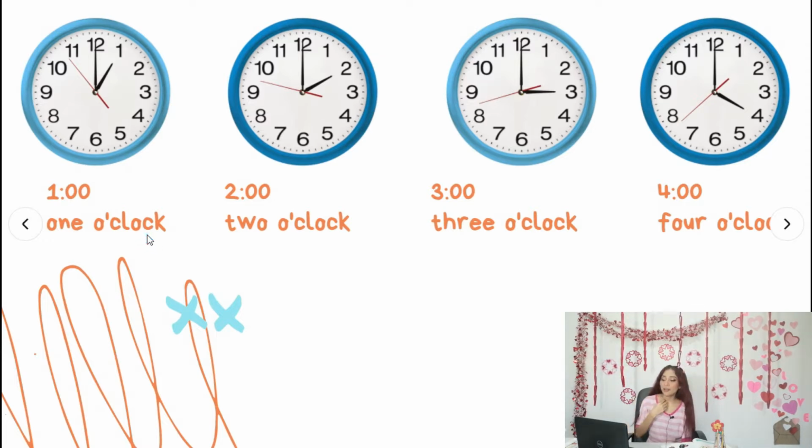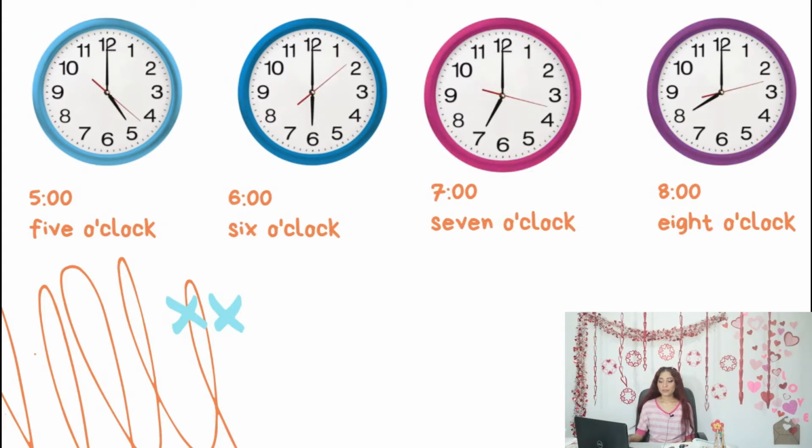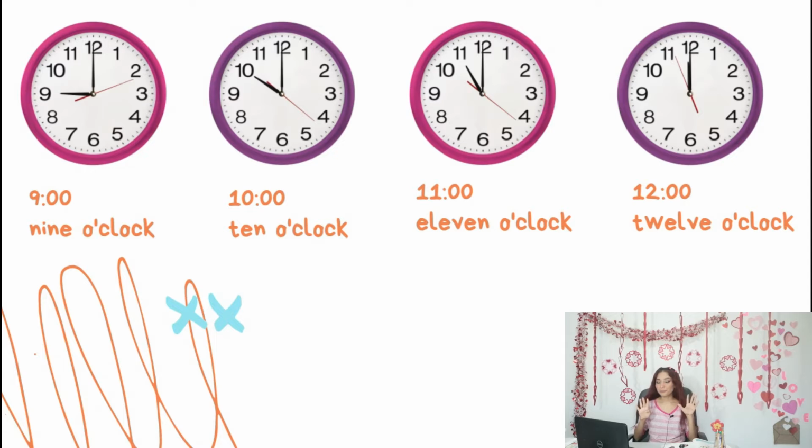Now I'm going to say, as always, the vocabulary, and you should be repeating with me. 1 o'clock, 2 o'clock, 3 o'clock, 4 o'clock, 5 o'clock, 6 o'clock, 7 o'clock, 8 o'clock, also 9 o'clock, 10 o'clock, 11 o'clock, and 12 o'clock. Okay, very good.